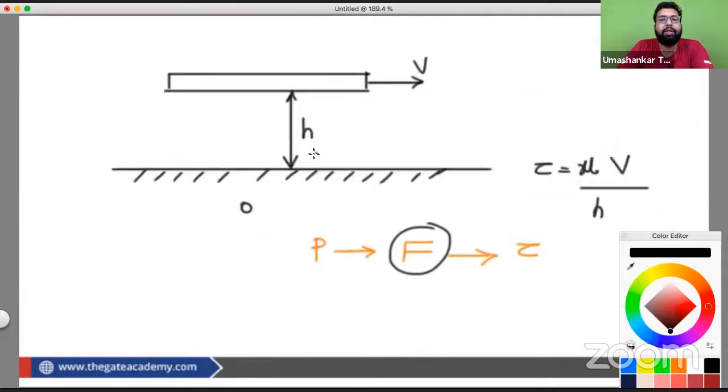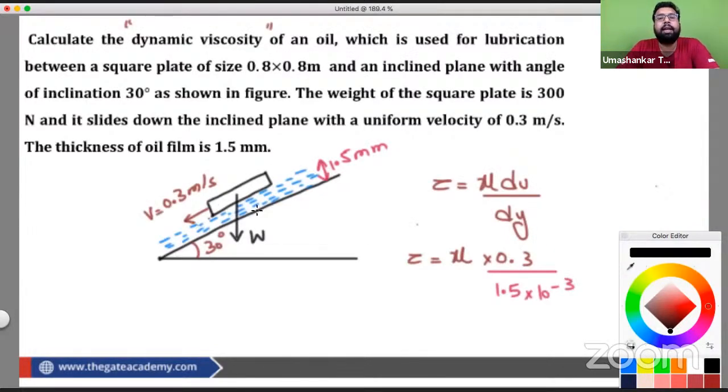Now, if this is the direction of velocity, in this case we shall have the component of this W in the direction parallel to this velocity. So this should be W sine theta. W sine 30. I hope we have done this many times in engineering mechanics, that if there is an inclined surface and the angle is theta, we have this component as W cos theta and this W sine theta, right?